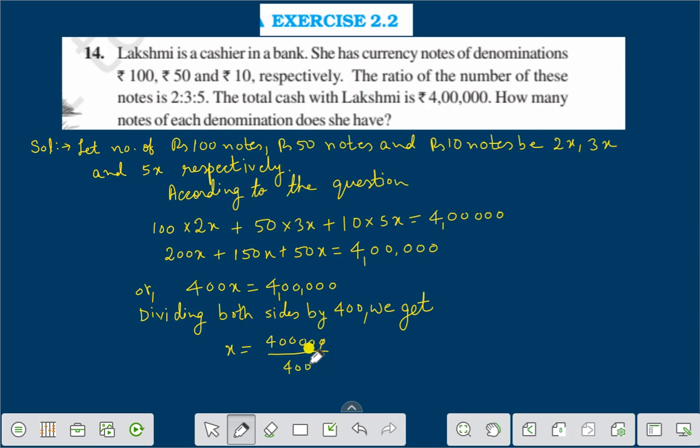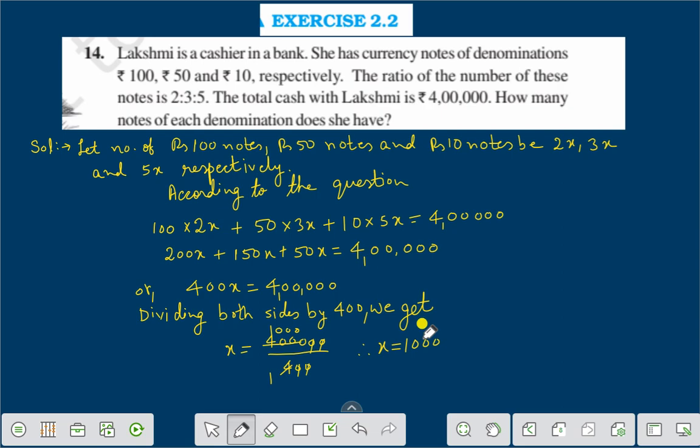This 0 and this 0 will cut, 4 on the 4, so we get 1000. Therefore, the value of x is equal to 1000.